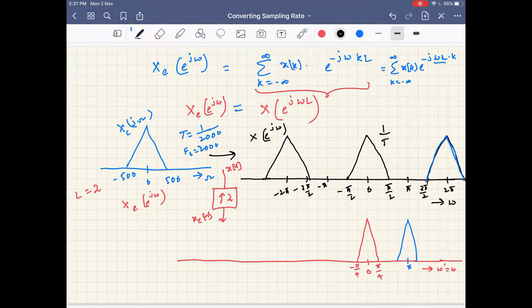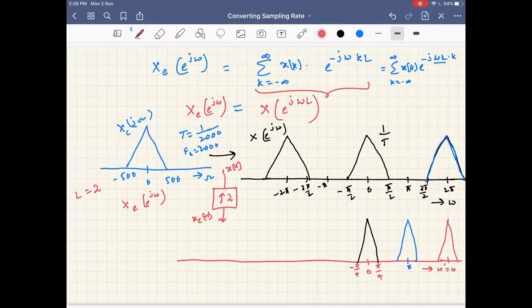Let me sketch this also with the same color so that you can easily relate. This is the same as that spectrum.